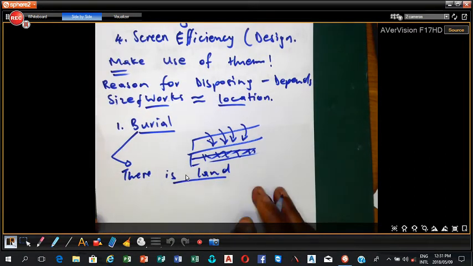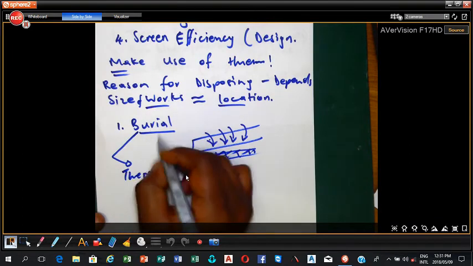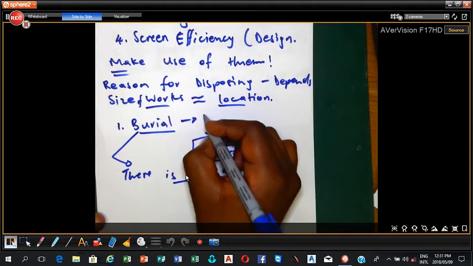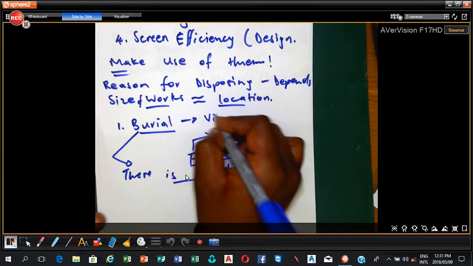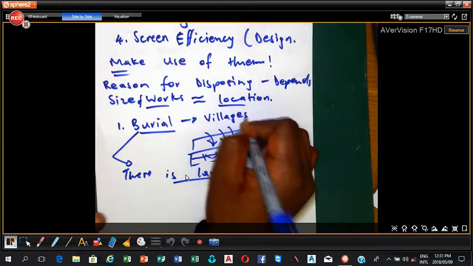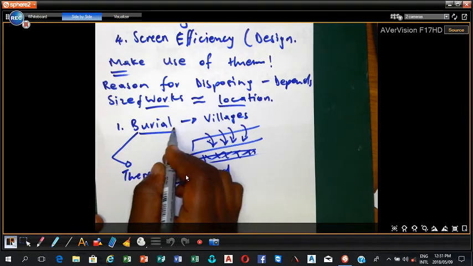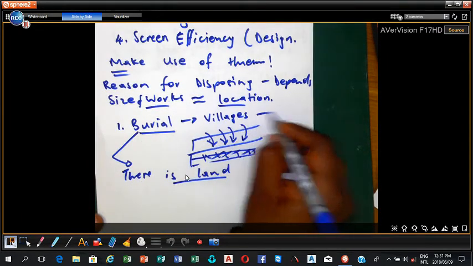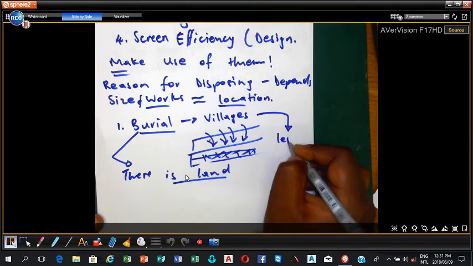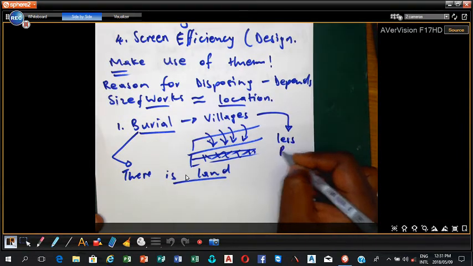Where there is land, one could associate the burial treatment of the screenings with villages, because villages have more land. And also, the burial treatment can be accessed in villages. The minute you talk villages, that means you're going to talk less power.